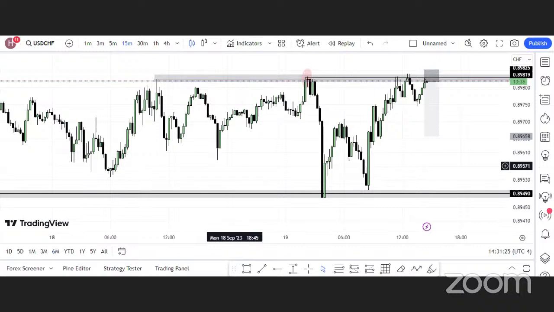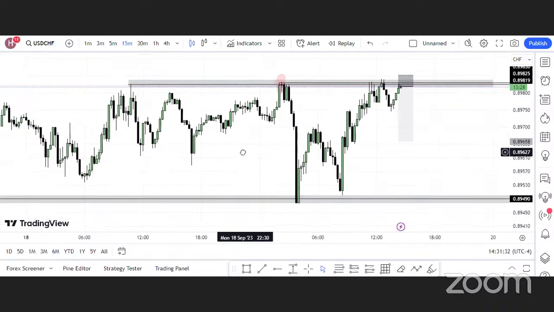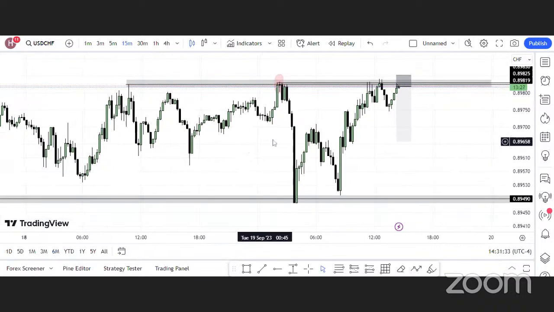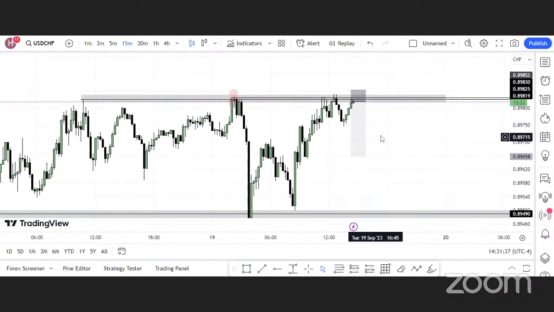You miss entries. Nothing is 100% when it comes to trading. The most important thing is you want your winnings to be better than your losses. You want to make more winnings than your losses. But nothing is 100% guaranteed.